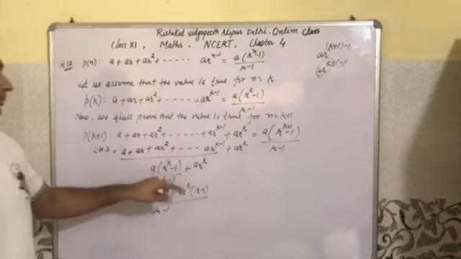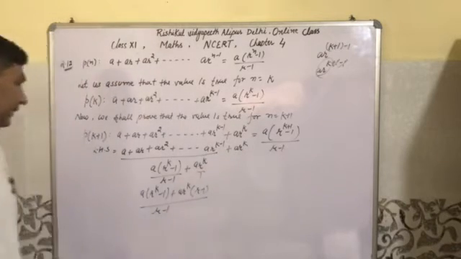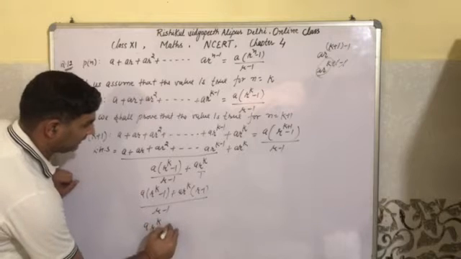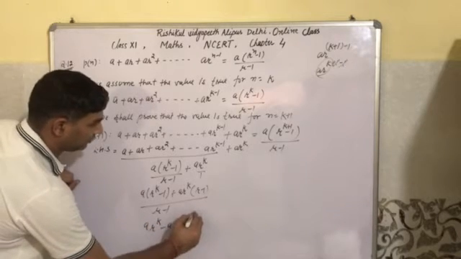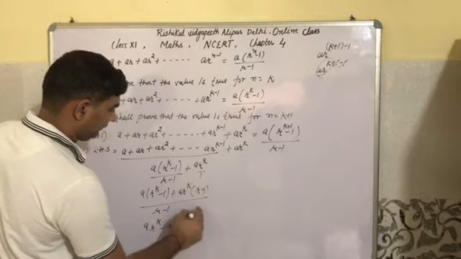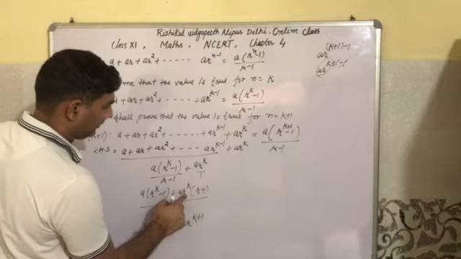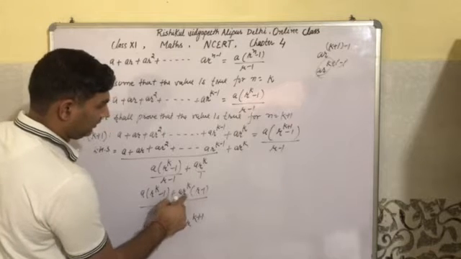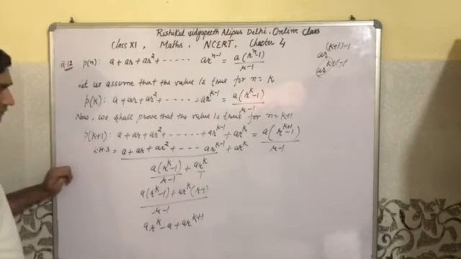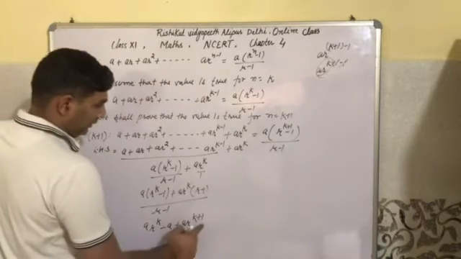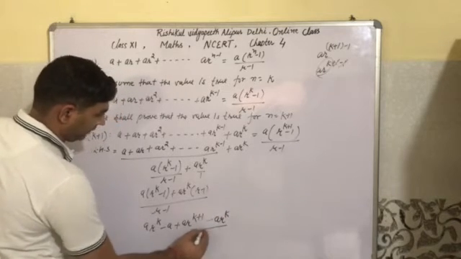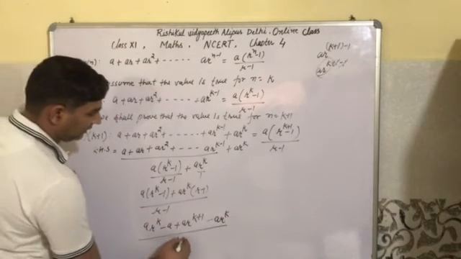By taking LCM, we get ar raised to power k minus a plus ar raised to power k into r, that is r raised to power 1 into r raised to power k, complete addition ar raised to power k plus 1, ar raised to power k, upon r minus 1.